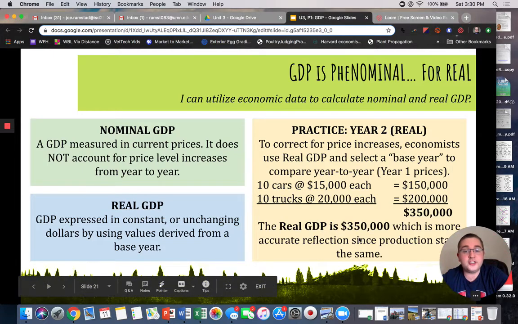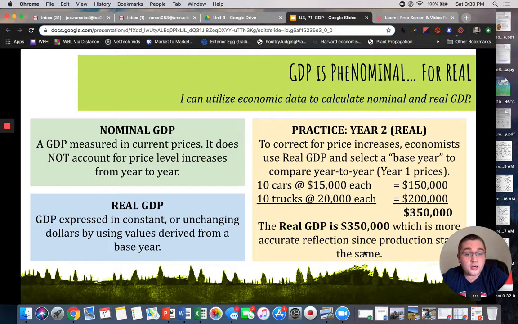The real GDP is $350,000, which is a more accurate reflection since production has stayed the same. Just because we are increasing our prices does not necessarily mean that we are producing more. We're producing the same amount. That's why economists tend to prefer looking at real GDP.